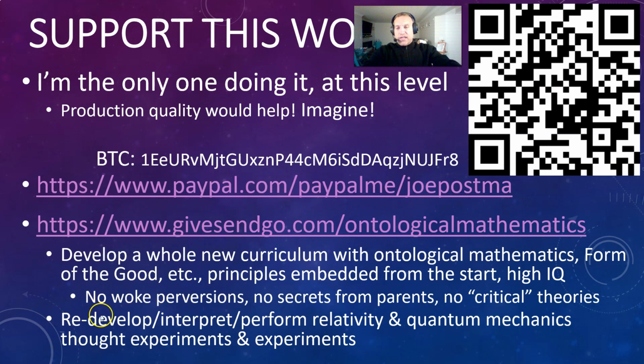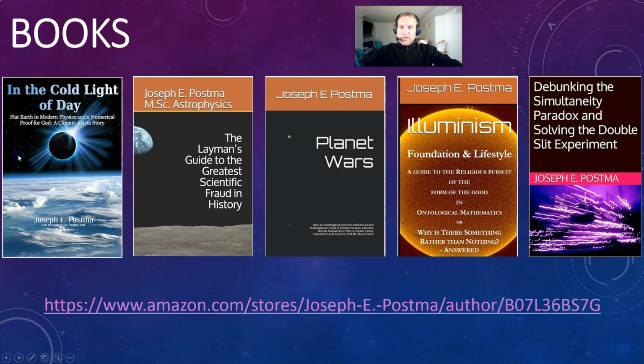And of course, the other thing would be to redevelop and interpret and reperform the relativity and quantum mechanics thought experiments and experiments, as I outlined in one of my recent books, which is actually right here, Debunking the Simultaneity Paradox and Solving the Double Slit Experiment.